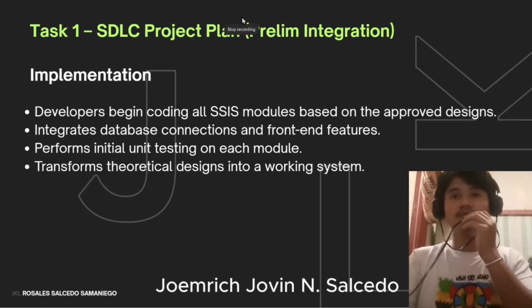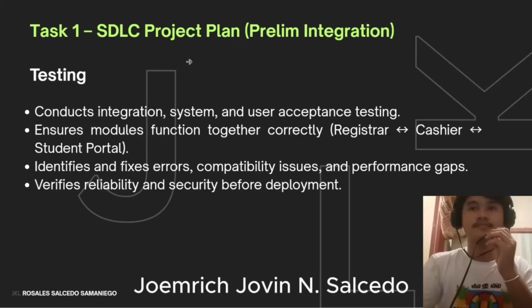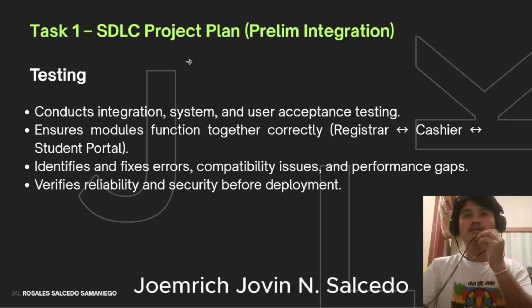For the implementation phase, developers begin coding the SSIS modules, integrating the database, and conducting initial unit tests to ensure each component functions correctly. The testing phase verifies the modules work together seamlessly through integration, system, and user acceptance testing, ensuring reliability, security, and accuracy.